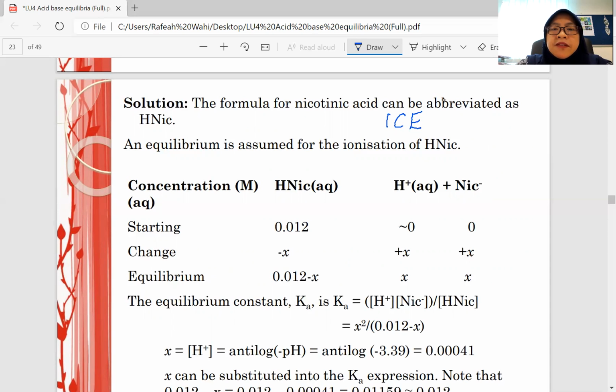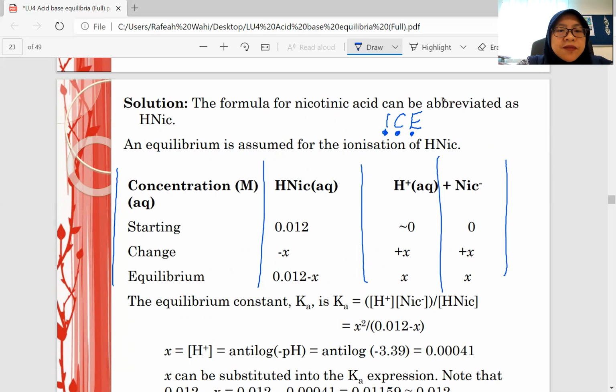ICE tables refers to I is for initial concentration, C is for change in concentration, and E is for concentration at equilibrium. So if we refer to the questions, we can start constructing the ICE table. ICE table is normally divided into 4 columns.